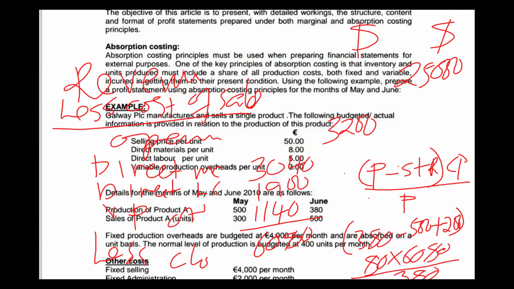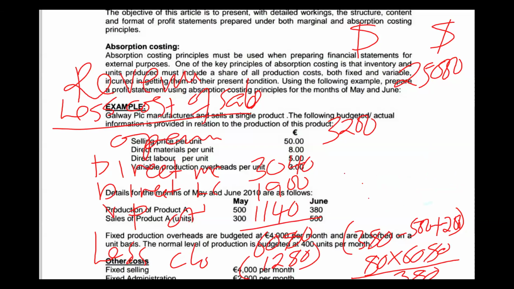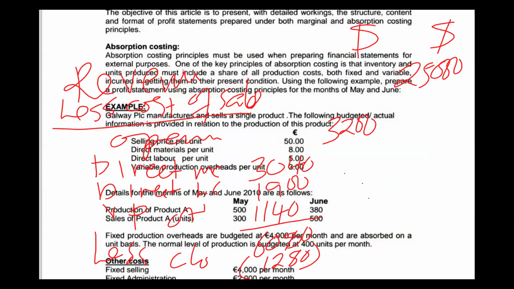What do you find as a closing inventory? 1280. Everyone finding the same? $12.80. If you are all finding $12.80, then can you do the deduction, the difference?